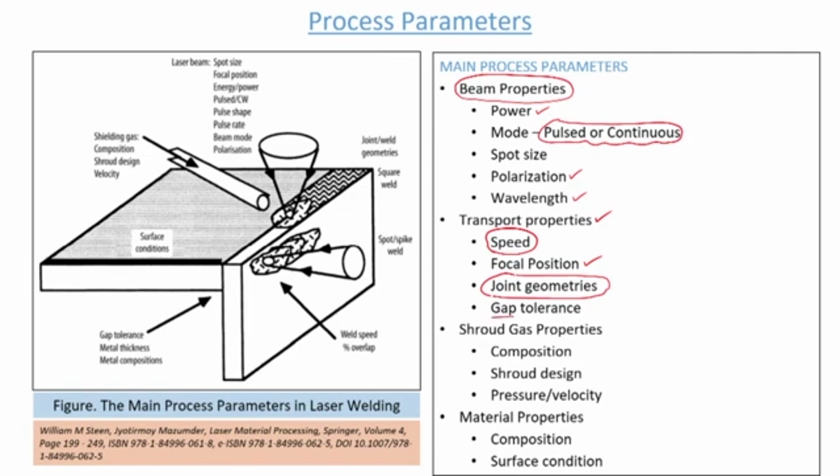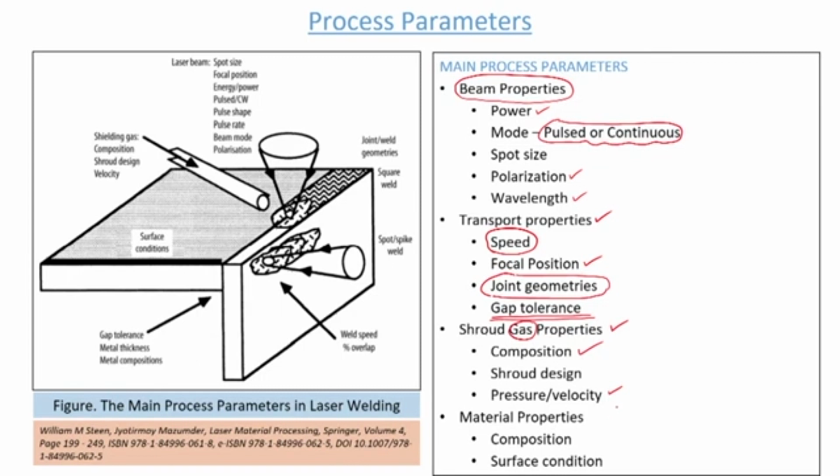Then the gap tolerance is another parameter to be considered during the application of laser, particularly in butt welding. Then the inert gases used during the laser operation, their composition, the design of application of the gases, and the velocity of the passage of the gases during the laser welding operation.